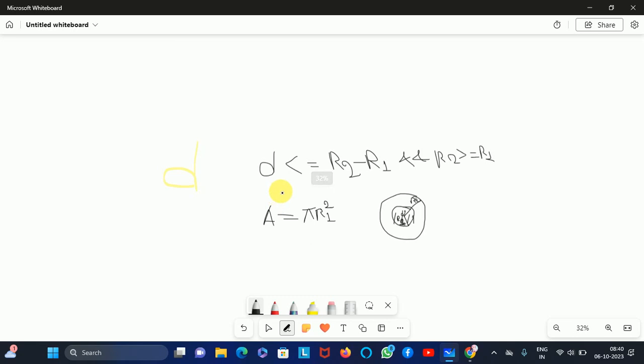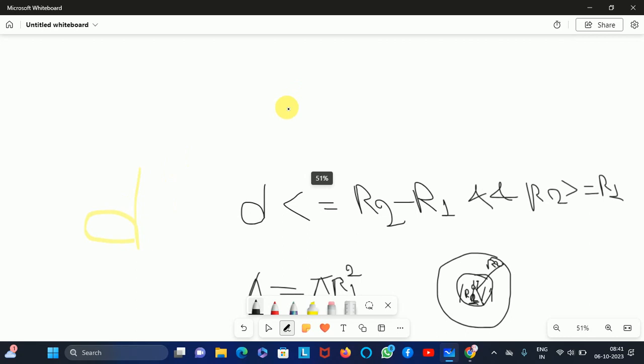So we have seen four conditions. First condition: if D is greater than R1 plus R2, the circles never intersect each other. Second condition: if D is less than equal to R1 minus R2 and R1 greater than equal to R2, the area will be pi R2 square. The third case is if D is less than equal to R2 minus R1 and R2 is greater than or equal to R1, the common area will be pi R1 square, because this circle lies inside this.